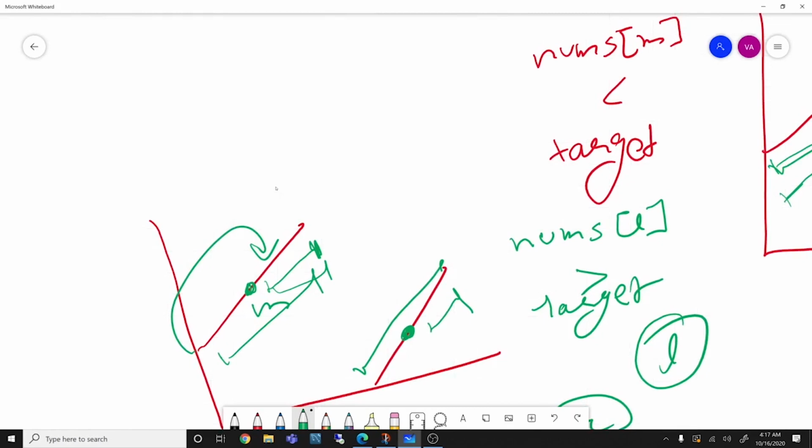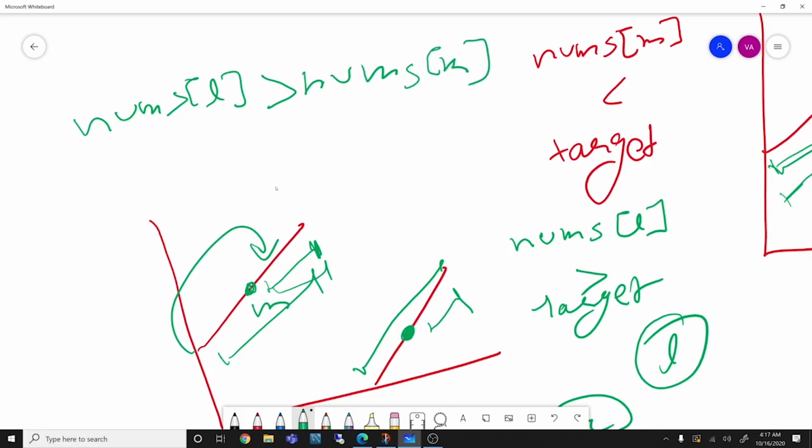This time what will happen, if my nums of M is lesser than target, right, and my nums of L is greater than target, this implies that nums of L is greater than nums of M. Alright, if my M is over here and my nums of L is greater than nums of M and my L is less than M, that means my nums of L is over here. Alright, and I'm taking it such that I have to move my L ahead.